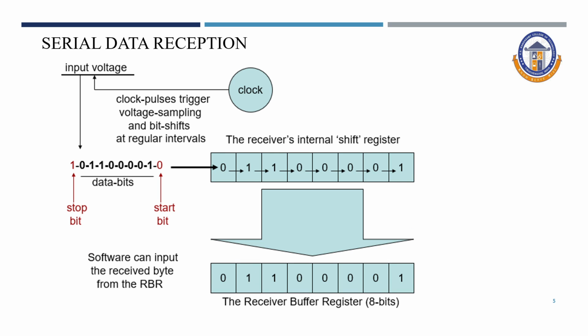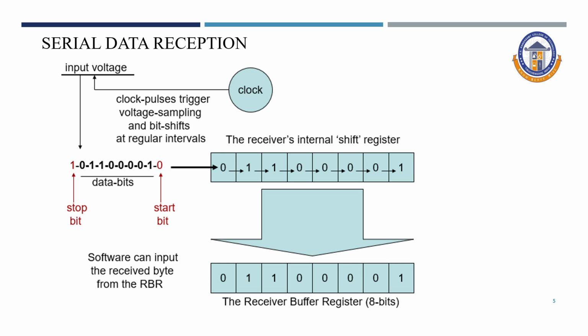The data reception in the second device is just the reverse of the data transmission. Before moving the data into the CPU or software control unit, we have the receiver buffer register, and above that, the receiver internal shift register.